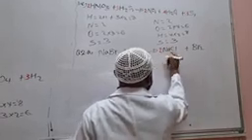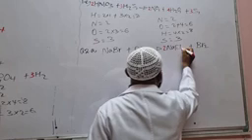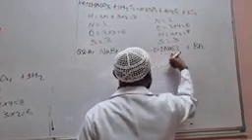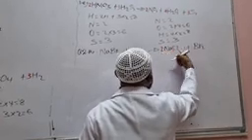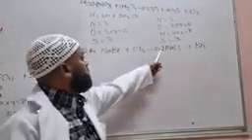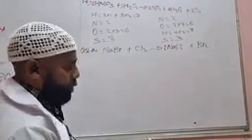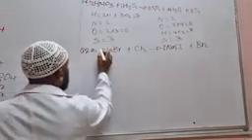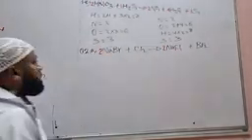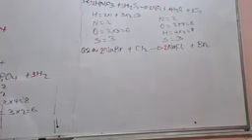This 2 means 2 times sodium, 2 times chlorine. Sodium is 1, chlorine is 1. Therefore, 2 times 1, 2 sodium, 2 times 1, 2 chlorine. Now the chlorine is 2, chlorine is also 2. But sodium here in the product side is 2. Therefore, writing 2 in front of sodium bromide makes the sodium equal.